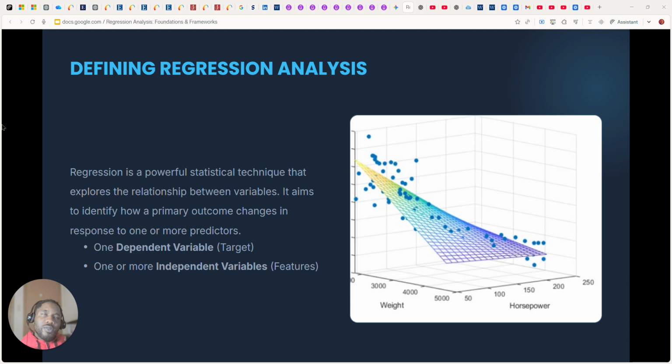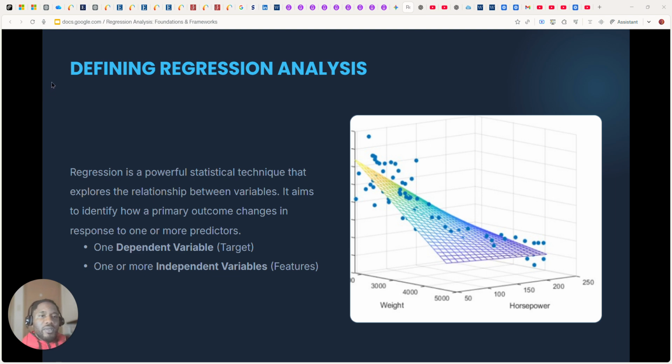Then the dependent variable, which is the endogenous variable, is the result or outcome you want to explain. So the dependent variable depends on the independent variable. It's also called an outcome variable or the response variable.